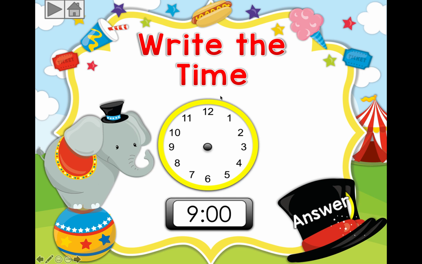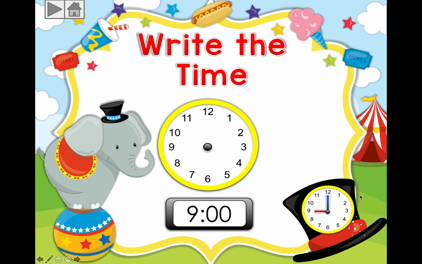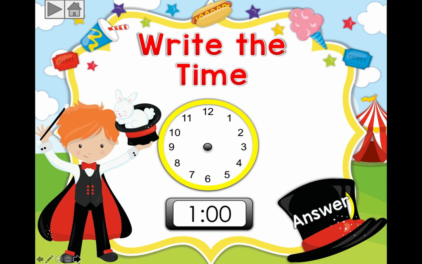Now let's look at this. Write the time in analog. So where would we put our minute hand and where would we put our hour hand? Yes, our minute hand would be on the 12 and our hour hand would be on the 9, just like this. Let's try this one.